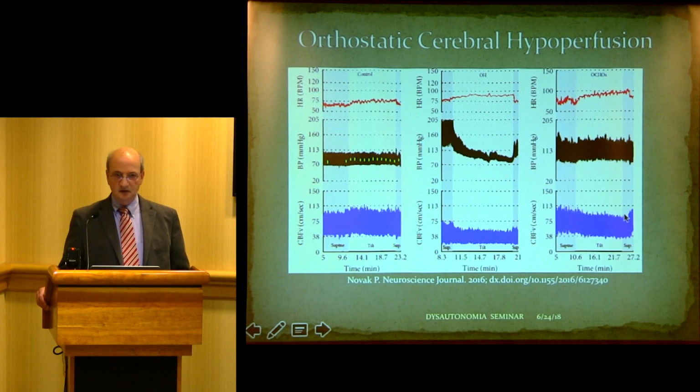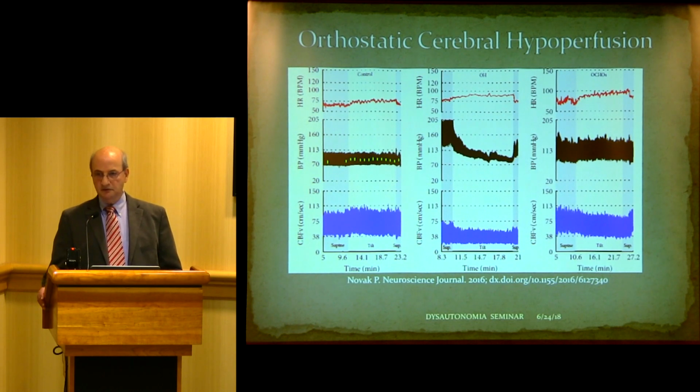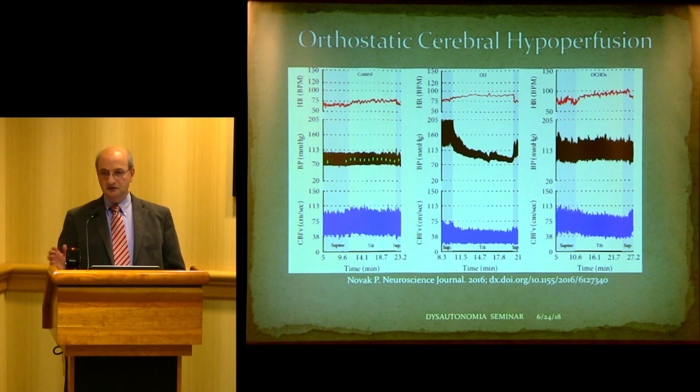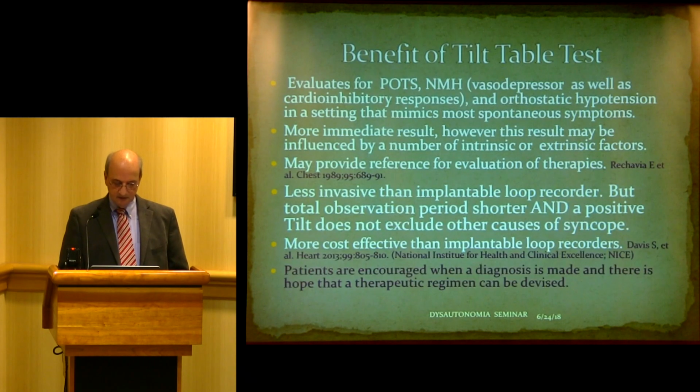So we know, or think now, that there is a possibility of people having a drop in cerebral perfusion due to some kind of steal effect in the cerebral vascular system without a drop in their systemic blood pressure, and have symptoms from that.